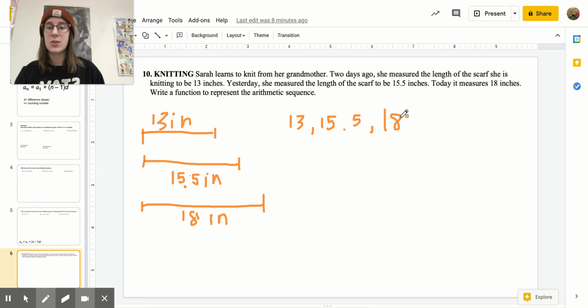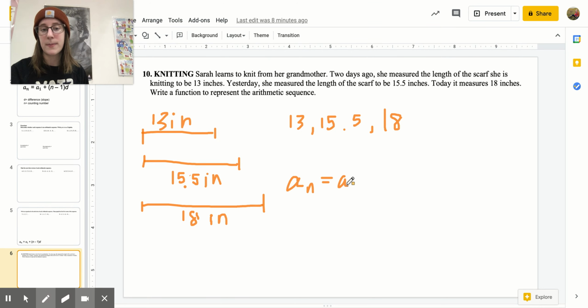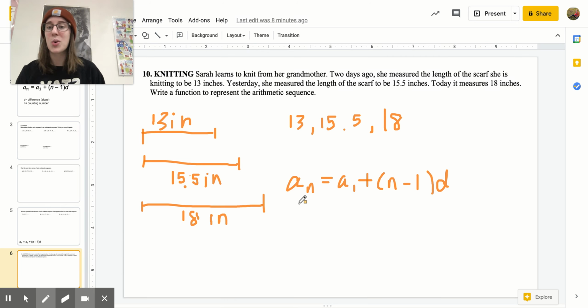So it says to write a function to represent the arithmetic sequence. So we're going to use that a sub n equals a sub 1 plus n minus 1 times d.